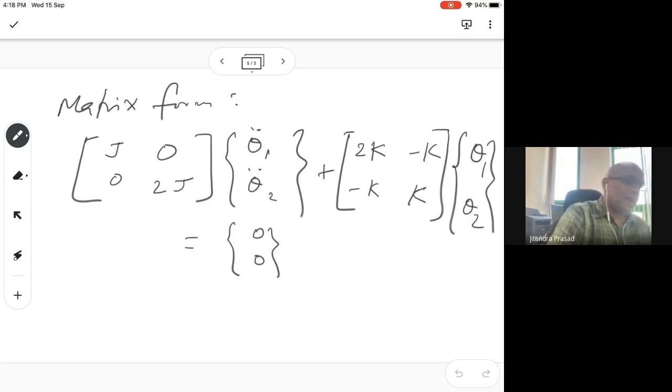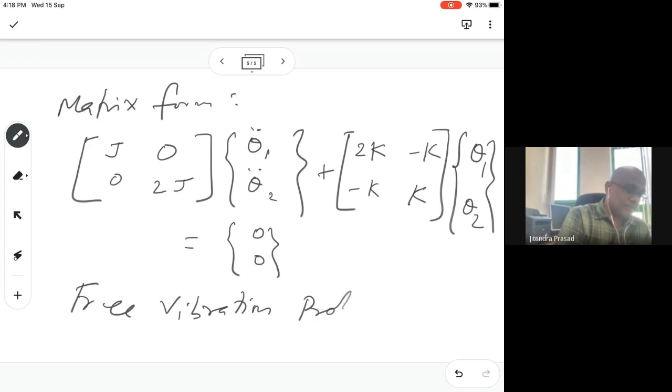Here it says you have to use the adjoint matrix method. Then how to do it? Here we are interested in finding the free vibration solution.